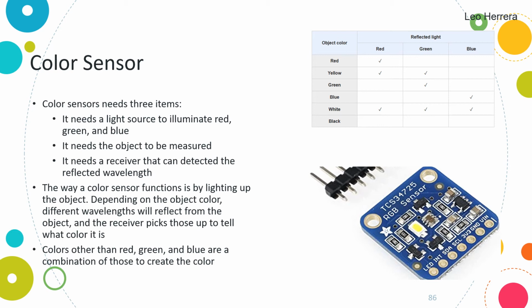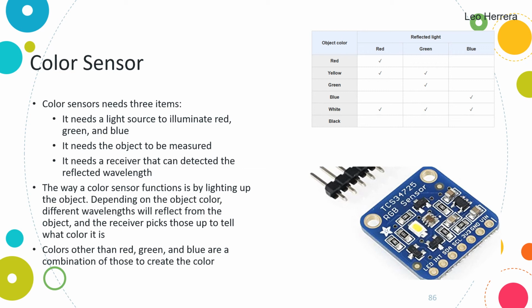The way these sensors work is that first the light source will shine onto the object that we want to measure. Depending on the color of the object, a different light will reflect from it, either a red light, a green light, or a blue light, or a mixture depending on what the color is. The receiver will pick up these wavelengths that were reflected back and will then be able to tell what color they were.